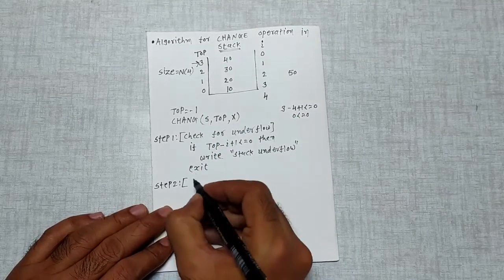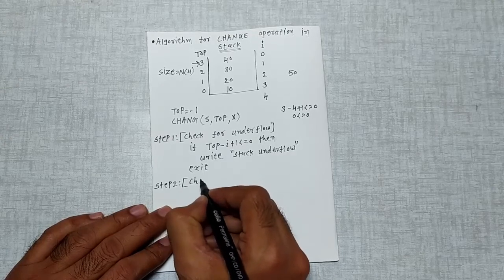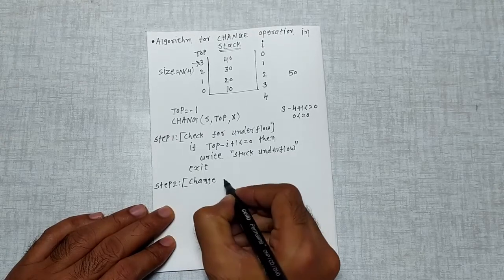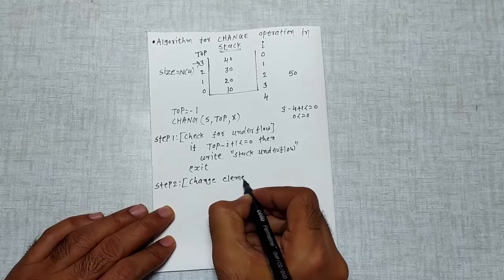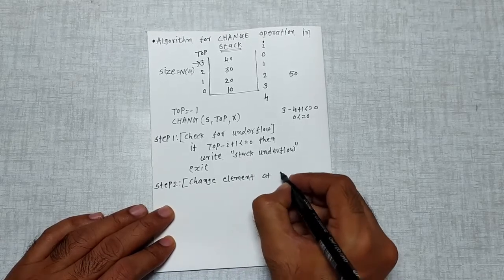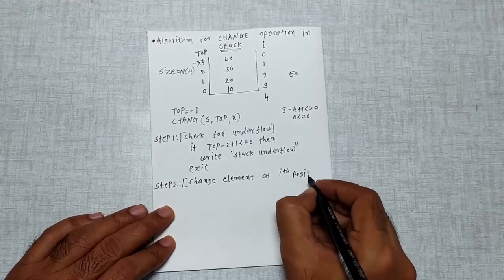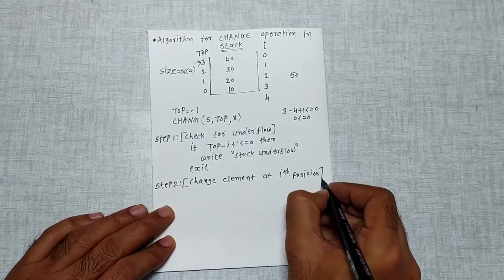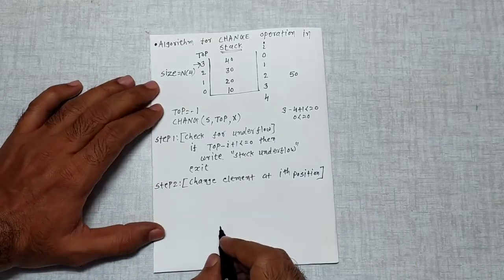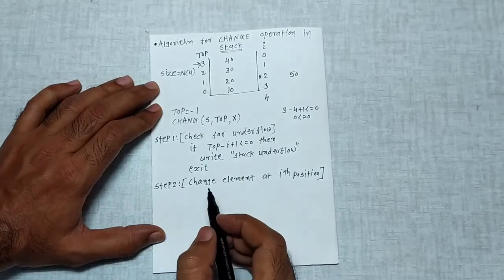Change the element at the ith position. In this case I want to exchange this element, that is 20.